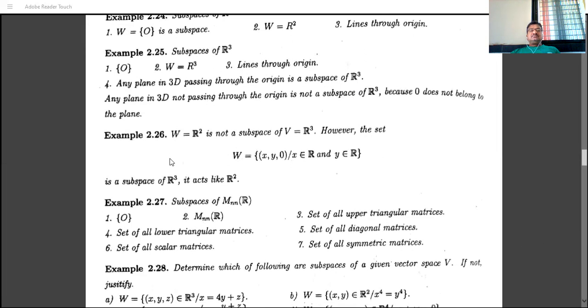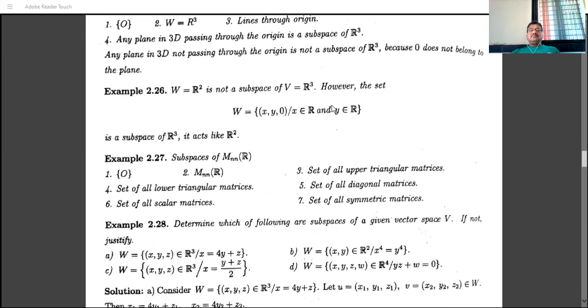So W is R square is not a subspace of R3, obviously, because R square is not a subset of R raised to 3. However, the set W equal to x, y, 0 such that x and y belong to R, this is again the set of 3 tuples whose z coordinate is 0, is a subspace of R3. It acts like R2.